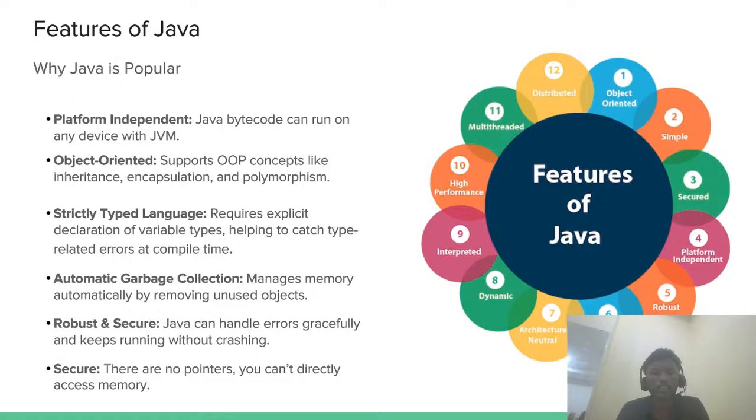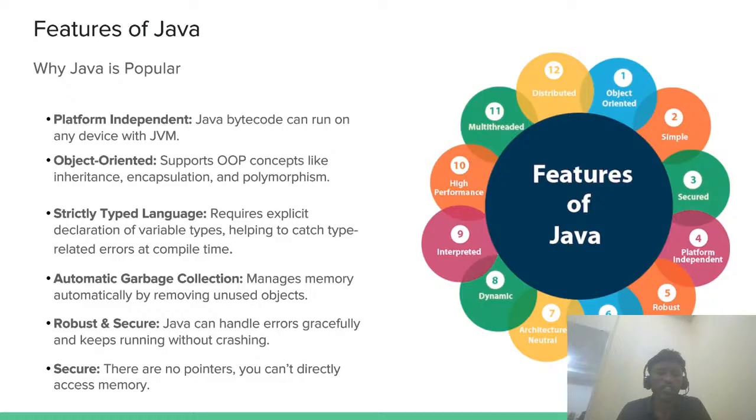Take banking applications, like OTPs: if something unwanted is done, it helps to avoid crashing. Nowadays many applications crash.